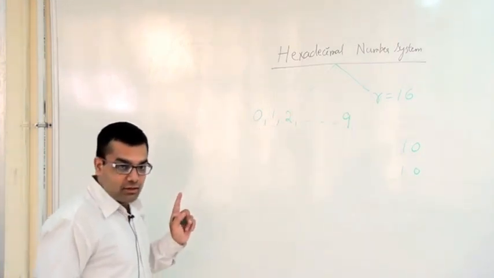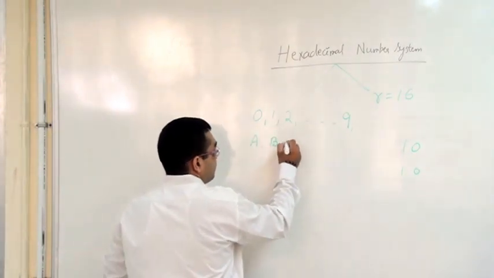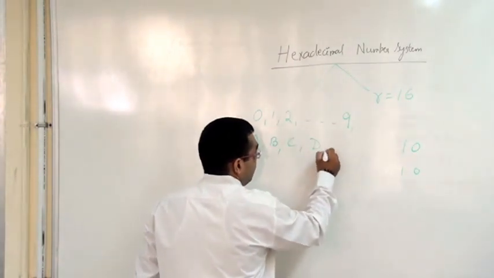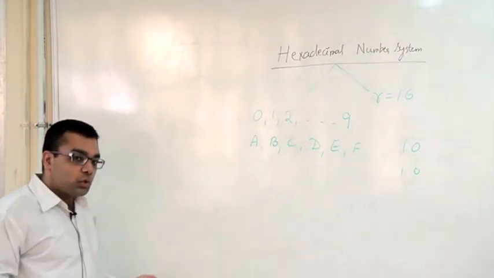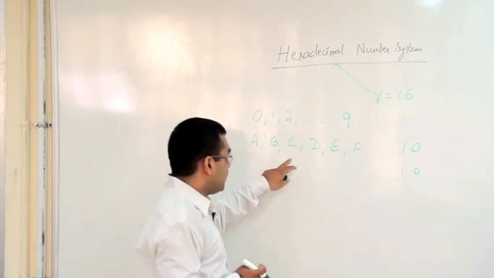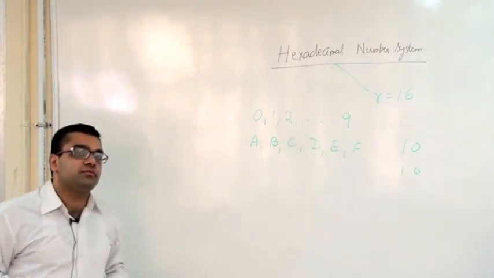So after 9 we have A, B, C, D, E and F corresponding to 10, 11, 12, 13, 14 and 15. Again, the base is 16, so we have to represent from 0 to 15.